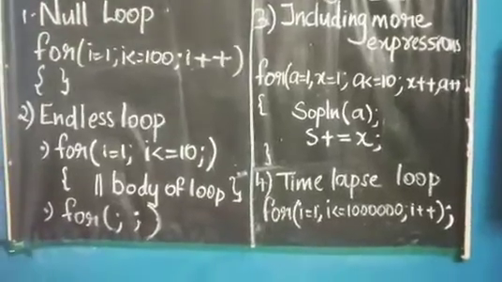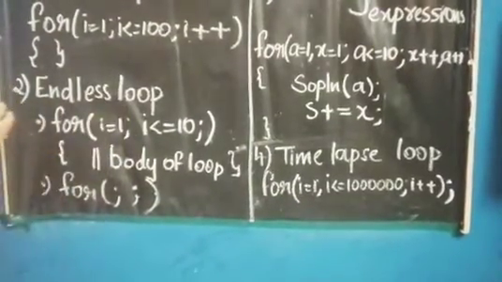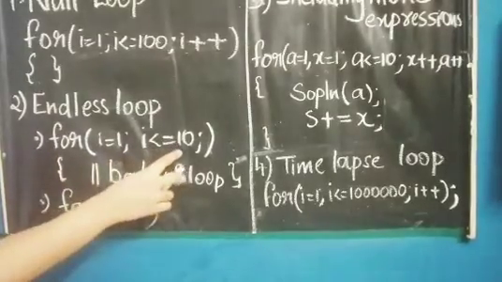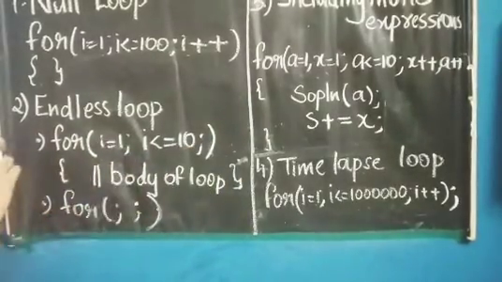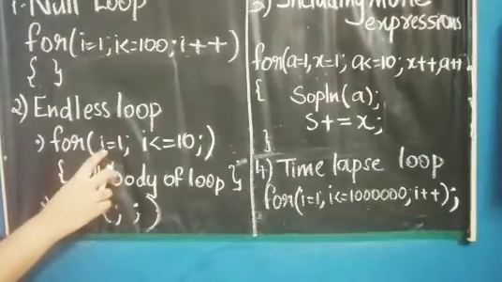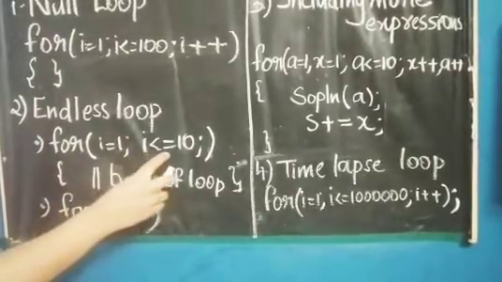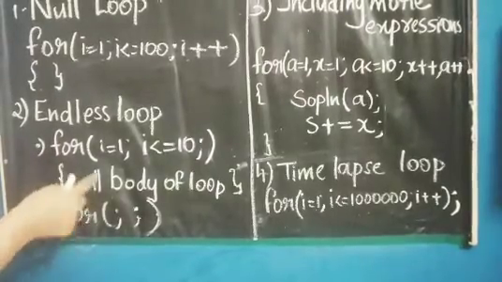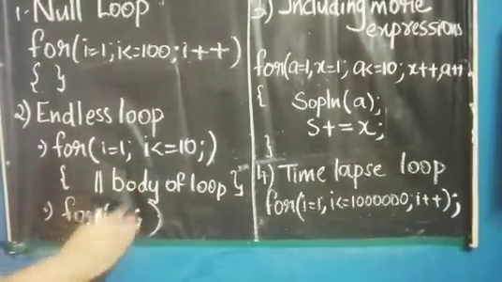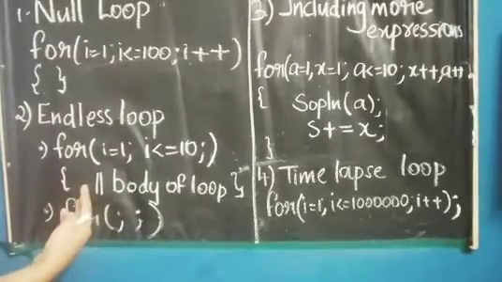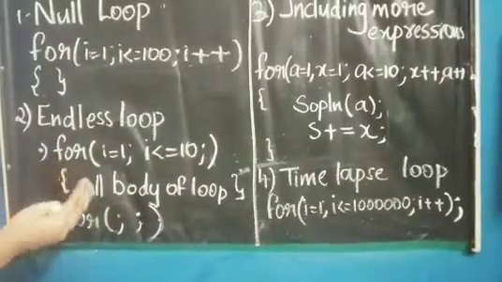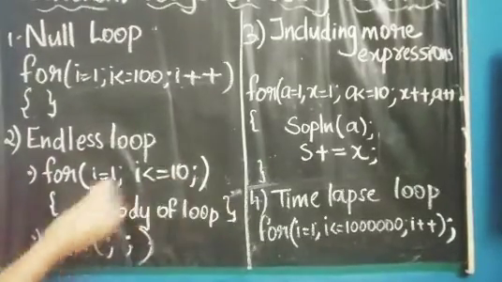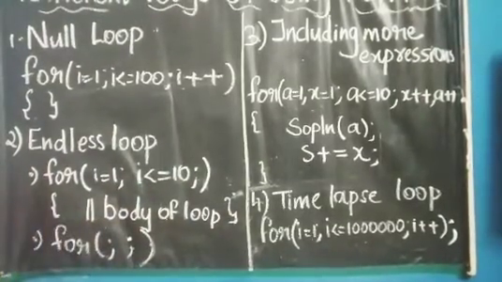Second is the endless loop. You can see the example: for (i = 1; i <= 10; ) and you don't have any step value here. That means i = 1, and 1 is less than or equal to 10. The condition is always true. So the body of the loop will be continuously running, and you can see on the screen your output will be continuously running since we do not give any step value here.